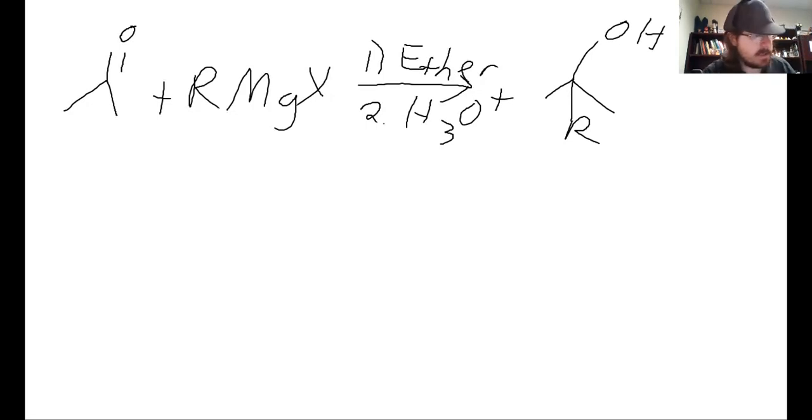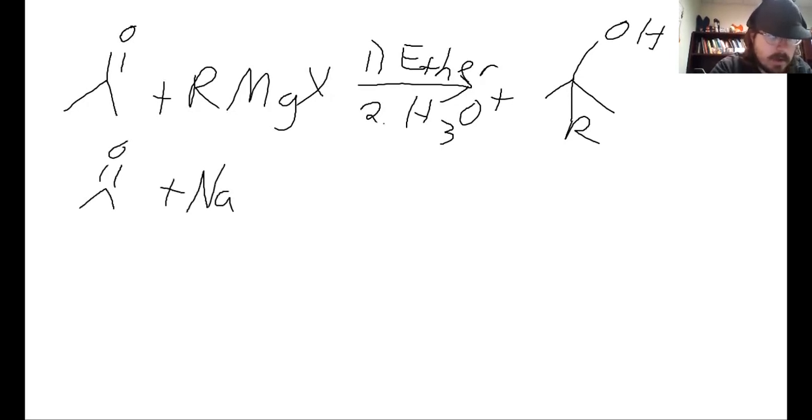We've also done this with our hydride adders, sodium borohydride, lithium aluminum hydride. All these guys, if you do this with, say, methanol or whatever as a solvent, some sort of solvent that can donate a proton.